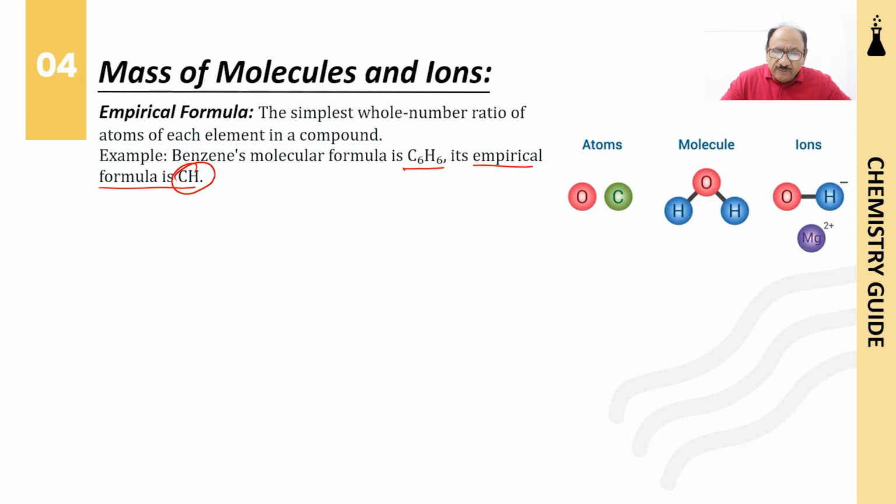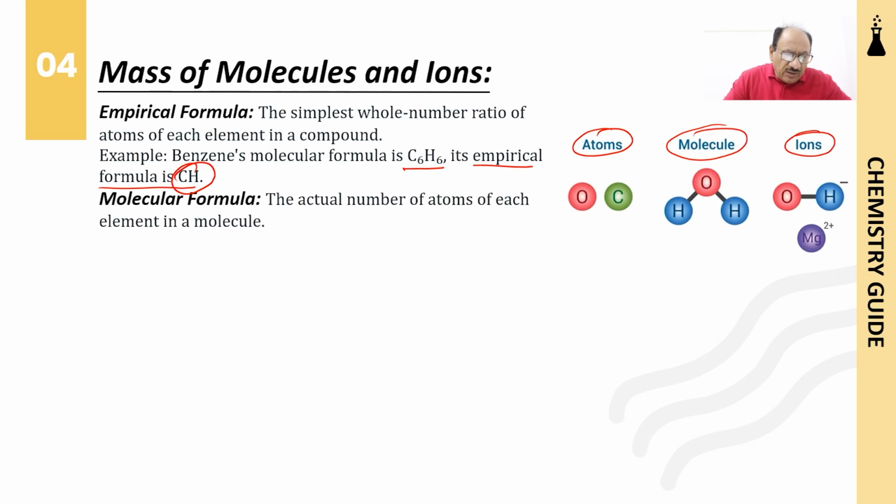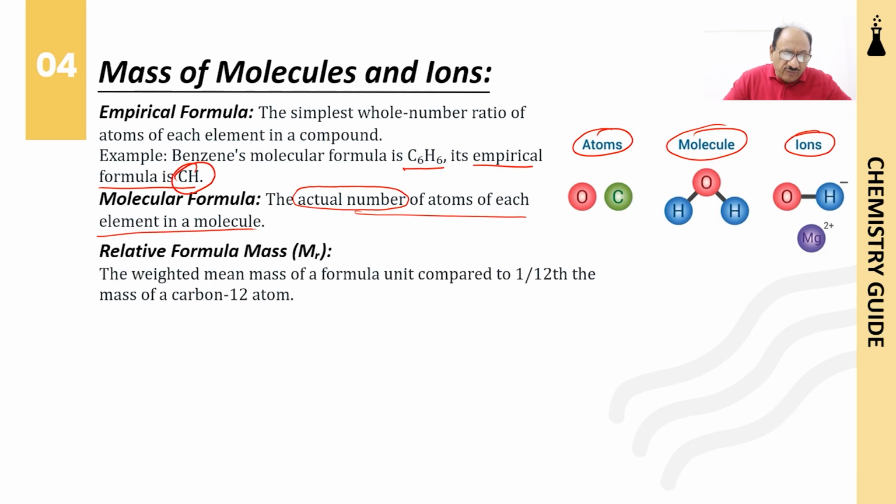We can write the molecular formula also. The molecular formula gives the actual number of atoms of each element, whereas the empirical formula is the simplest whole number ratio of atoms.